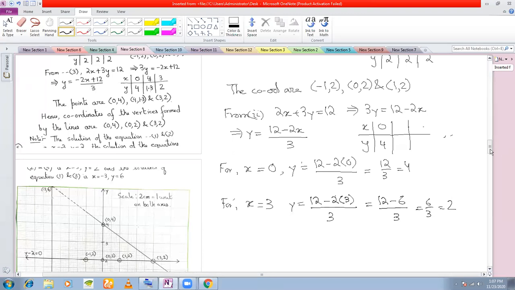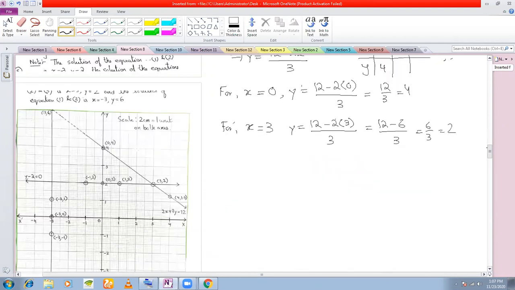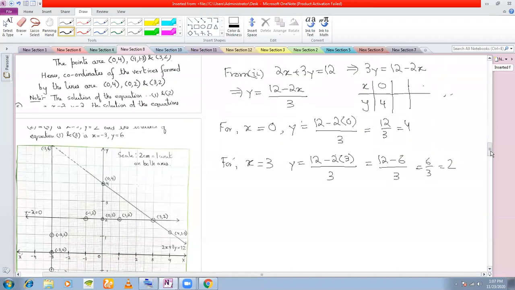What is your scale here? They have mentioned 2 centimeter is equal to 1 unit, right? So you remember that your x and y should not exceed 4. For x = 3, you're getting y = 4. Both points 3 and 4 you can accommodate in the 2 centimeter = 1 unit graph.